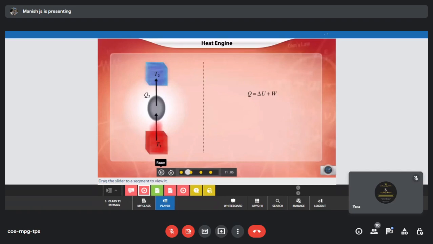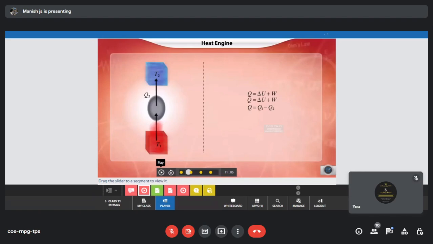The net heat energy transferred to the system in one complete cycle is the difference in the amount of heat absorbed from the hot reservoir and expelled to the cold reservoir in one cycle. Okay, so this is all about the heat. So what is the change in heat now? Q1 minus Q2, the transfer from the hot reservoir to the cold reservoir. So the complete heat you can write as Q1 minus Q2.